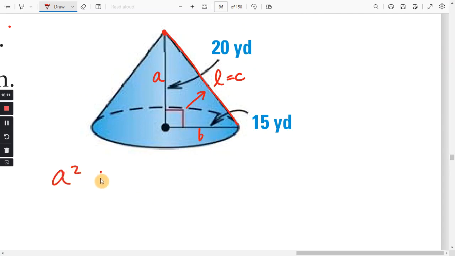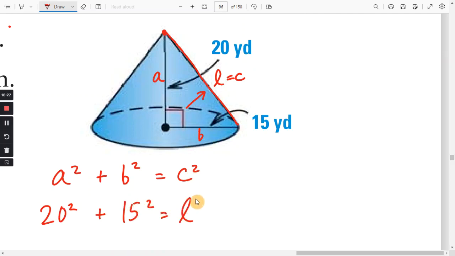A squared plus B squared equals C squared. A is 20, so A squared is 20 squared. B is 15, so that's 15 squared. And C is L, so that's going to be L squared.